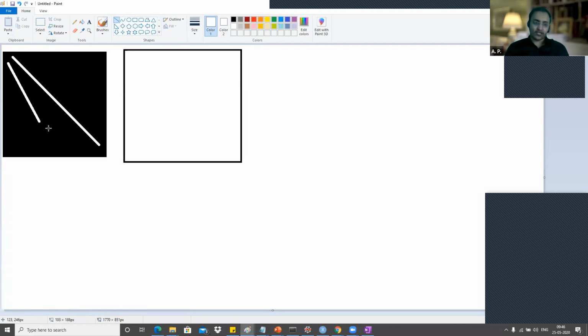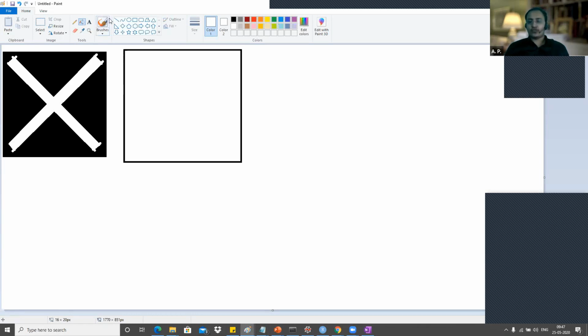So let's say we have a picture of a cross, or X, like A, B, C, D, X, Y, Z. Okay, so we have a picture of an X over here. This is a picture, and let's say we can talk about a pixel representation of this, right? So we have a pixel representation of this.